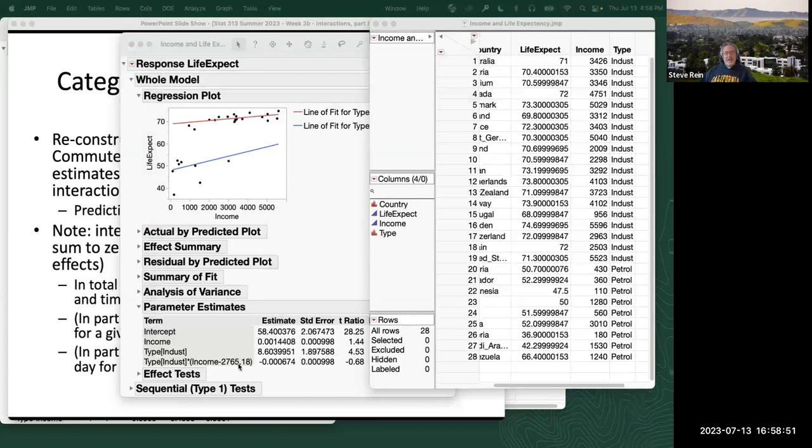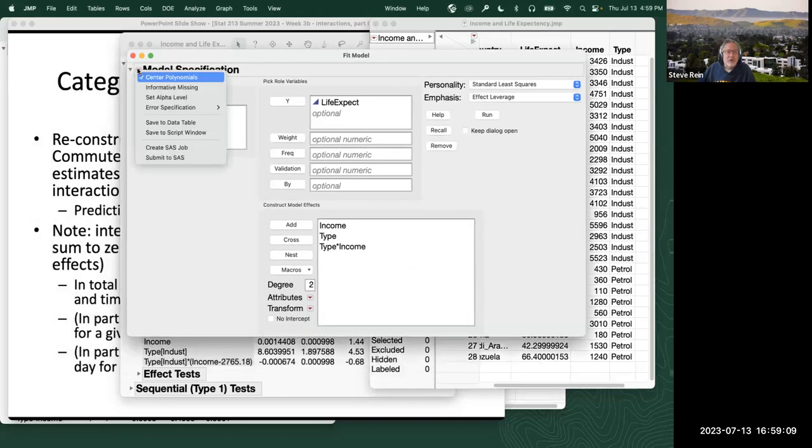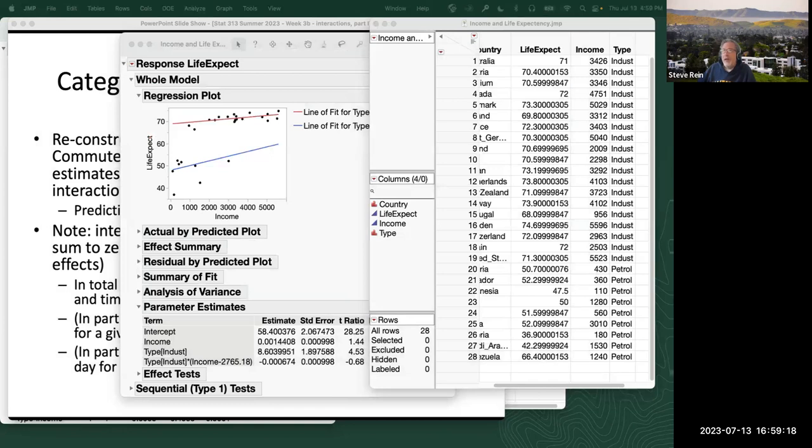Income minus 2765 is the way the software package chooses to center income. There are notable benefits of doing that, but not for the exercise in the lab today. So I recommend before you run your analysis, you make sure that center polynomials is deselected, verify that it's not checked, and then run to get the analyses that you are most going to find convenient.